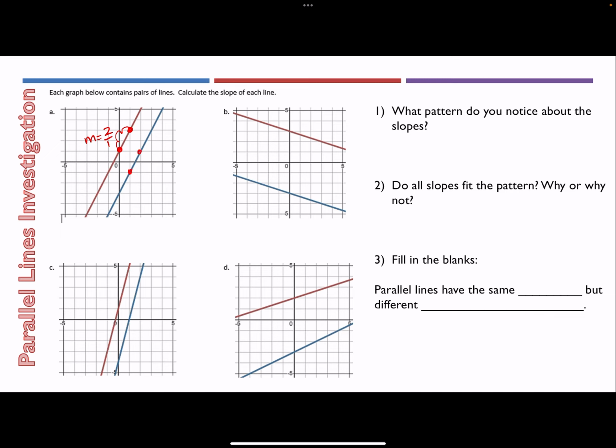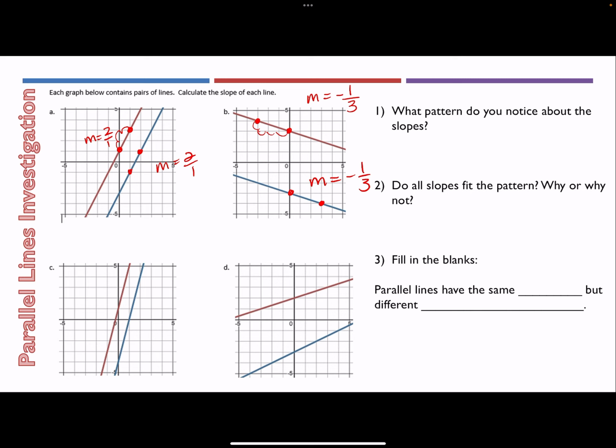And if I pick 2 points on the blue line, it's also positive 2 over 1. The red line over here in letter B is negative 1/3 because I have to go down 1 and then 1, 2, 3 to the right. And then if I pick 2 points here, this slope is also negative 1/3.